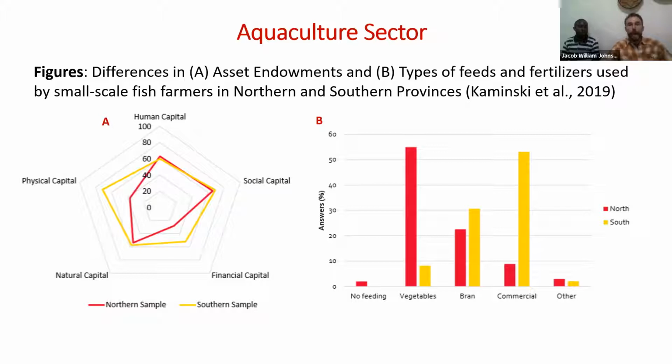Figure A shows that both northern and southern farmers have comparable access to assets like human capital, social capital, and natural capital, but the major difference in their access to resources comes in physical infrastructure, such as roads and markets and housing infrastructure, and financial capital, like access to markets, access to credit, and household purchasing power.